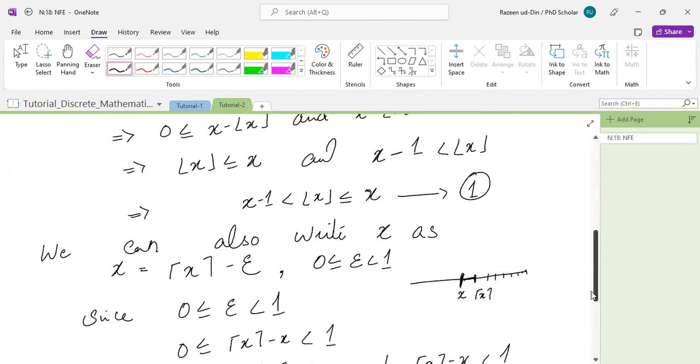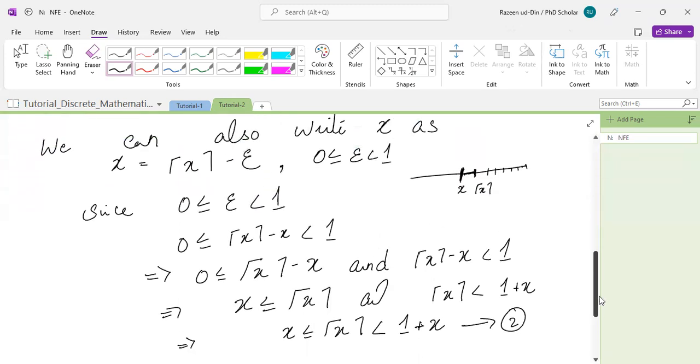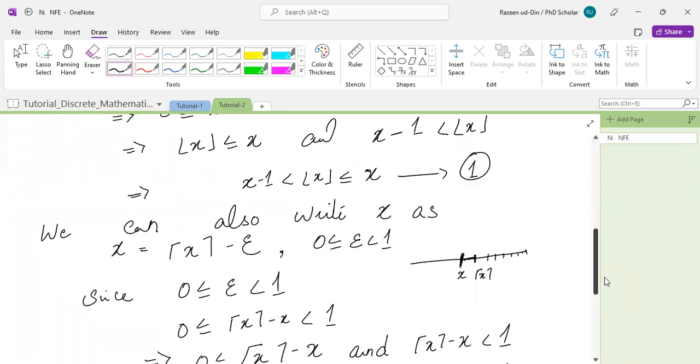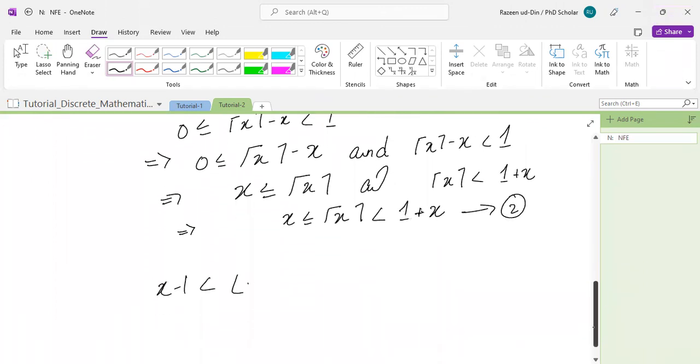Okay, so by combining 1 and 2, what do we get? We are combining these two equations. x minus 1 is less than floor of x, which is less than or equal to x.